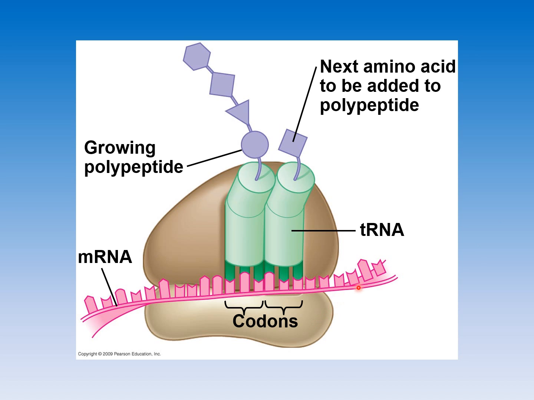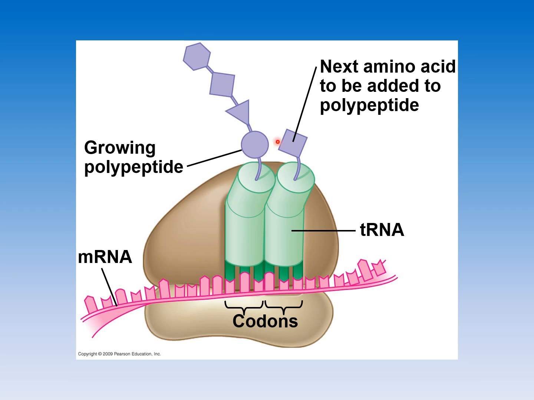So the pink is the mRNA. Every three bases is a codon. Here's the anticodon, which binds to the codon region. The green is your tRNA. It's being held in place. You have another tRNA right here that's being held in its place, close enough together. The purple are your amino acids.